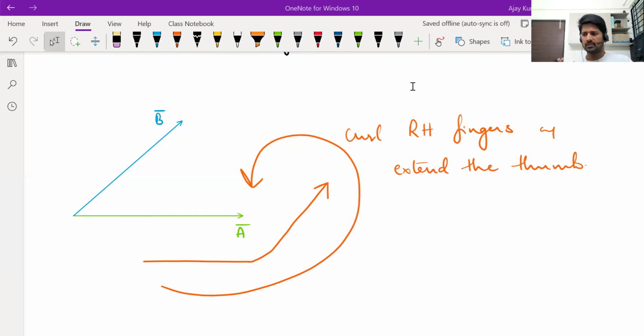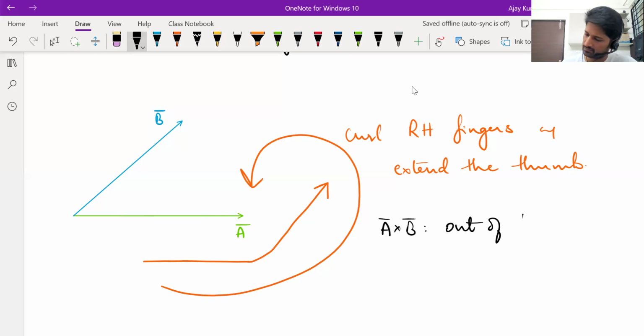Move along the first vector, turn towards the direction shown by the second vector, you will get a sense of rotation, and then either actually curl your right hand fingers or visualize curling your right hand fingers that way. The thumb will show you the direction of their cross product. So in this case, the direction of A cross B is out of the screen. Automatically that direction will be perpendicular to both vector A and vector B. Is it clear?